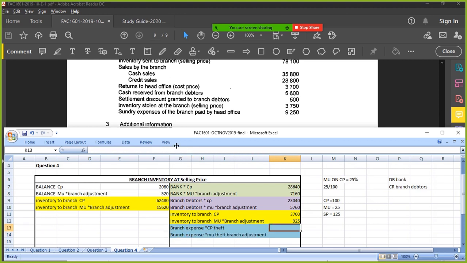This was at selling price, so 3750 times 100 divided by 125. It gives you that. So there's your working.